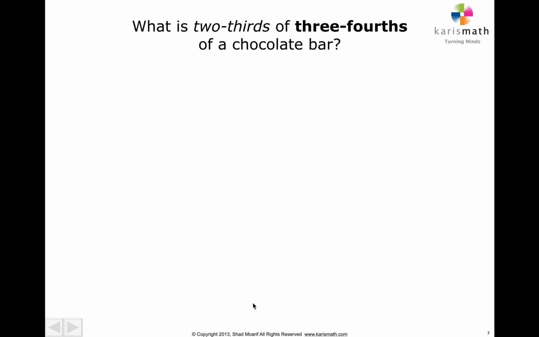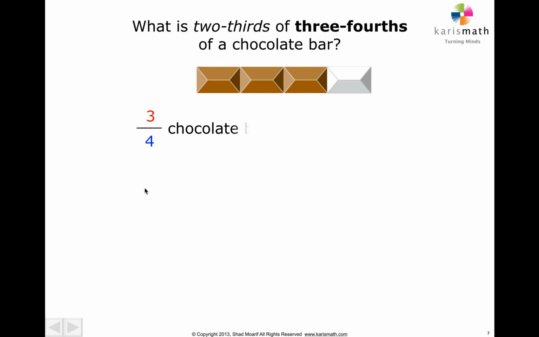So the next question is, what's 2/3 of 3/4, or 3/4 of a chocolate bar? So let's show first 3/4 of a chocolate bar. There we are, 3/4 of a chocolate bar. Now what's 2/3 of this? 2/3 of this would be to break each one of these into 3 equal parts and take 2 of those. So it would be like 3 times 4 is 12.